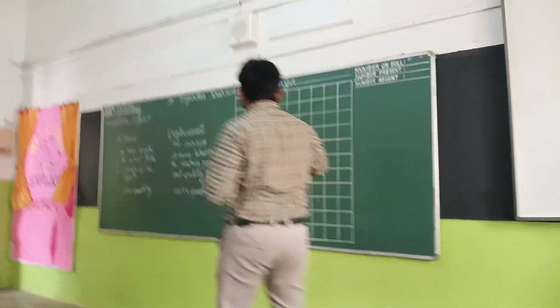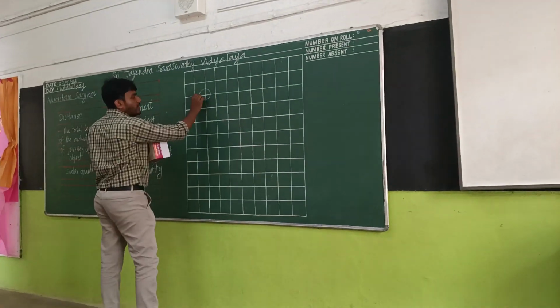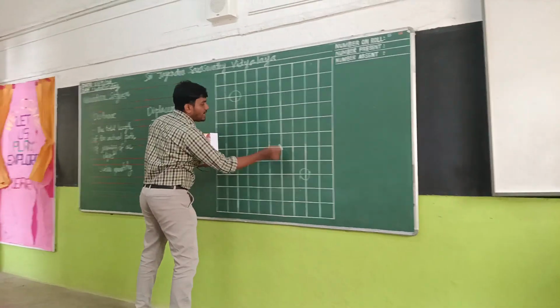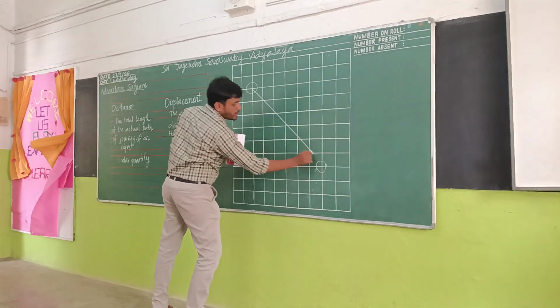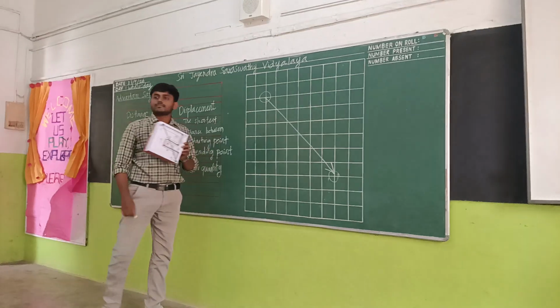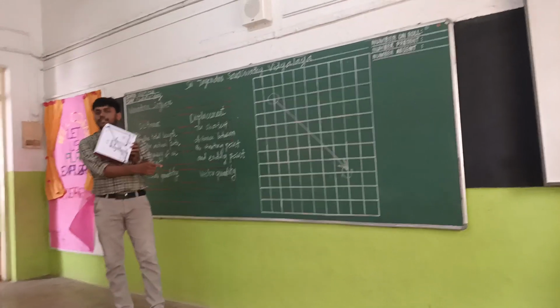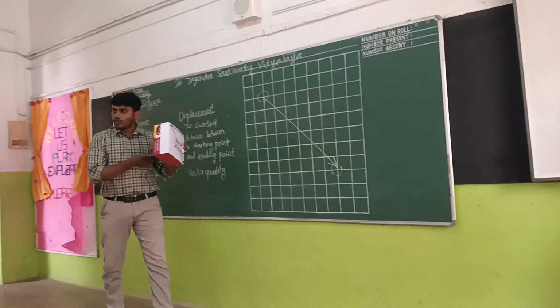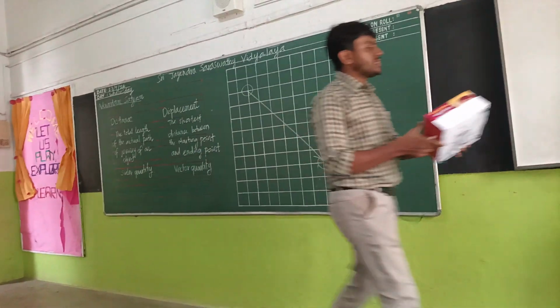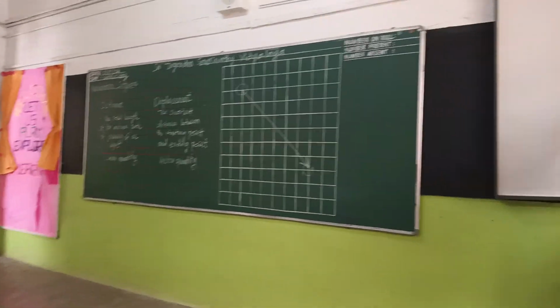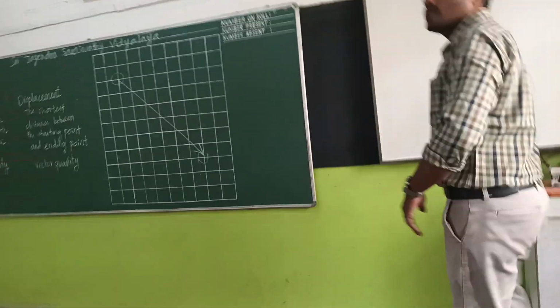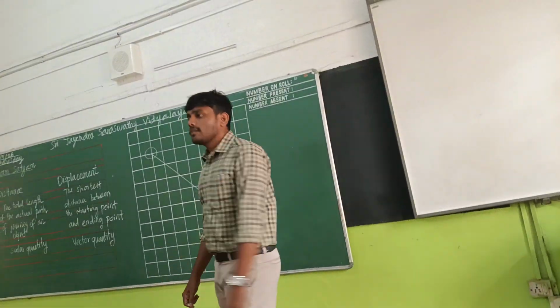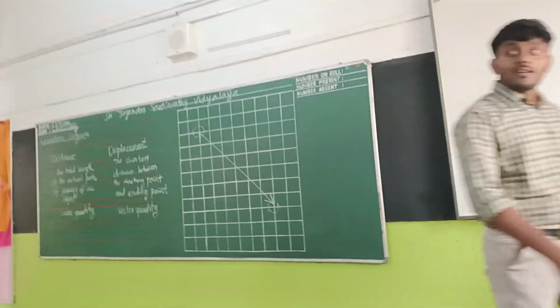So if I can draw here, from this point, if the person is going here, then the direction is going to be like this. Okay. So I can assign a direction for this quantity. So that's why displacement is called as a vector quantity.